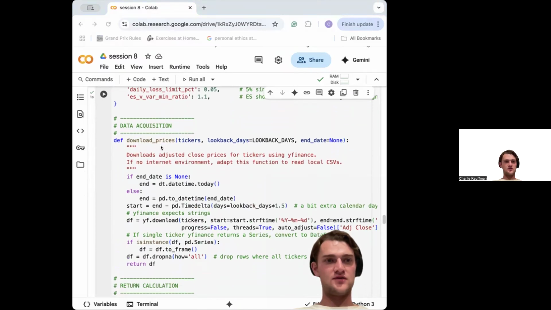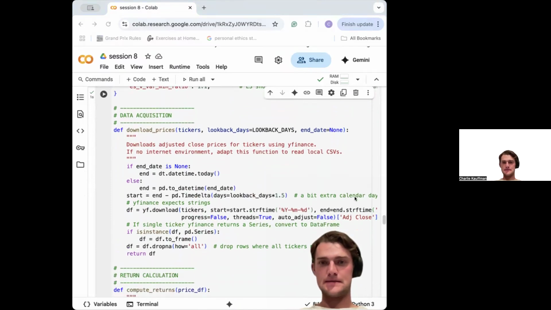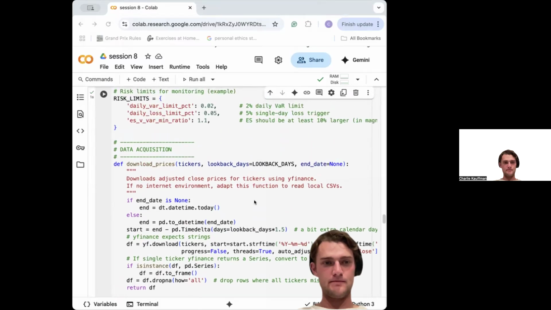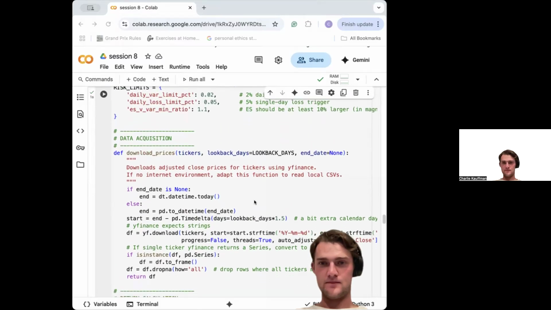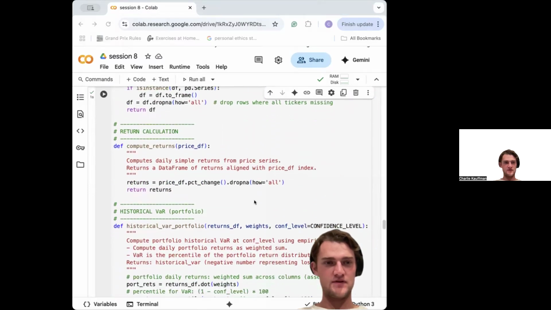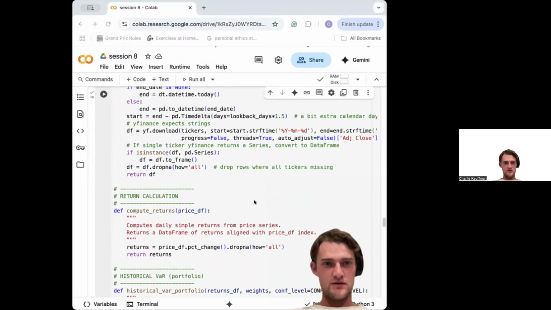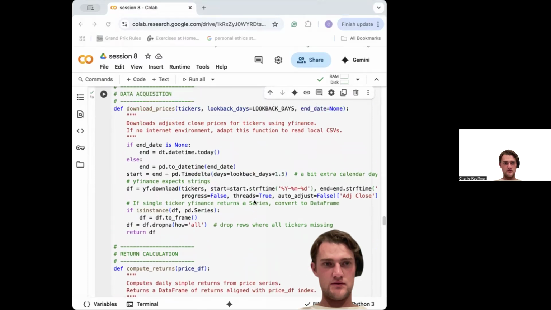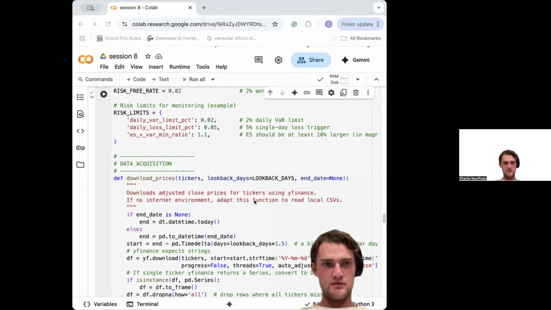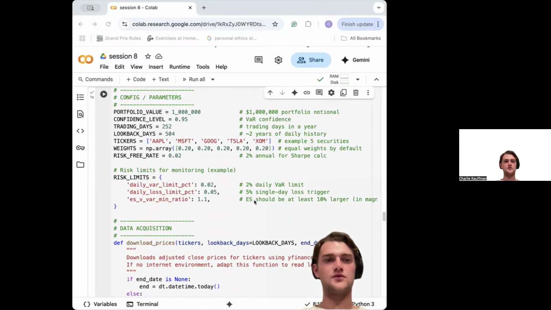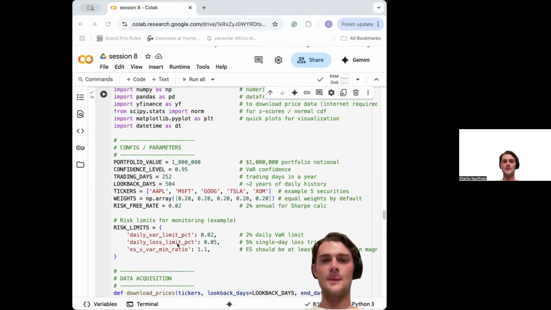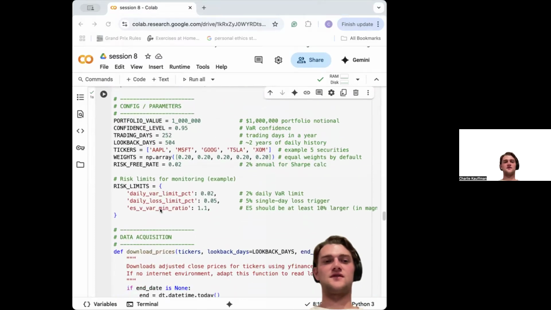So moving on. Oh, so sorry, I scrolled too far. I was looking for risk limits.